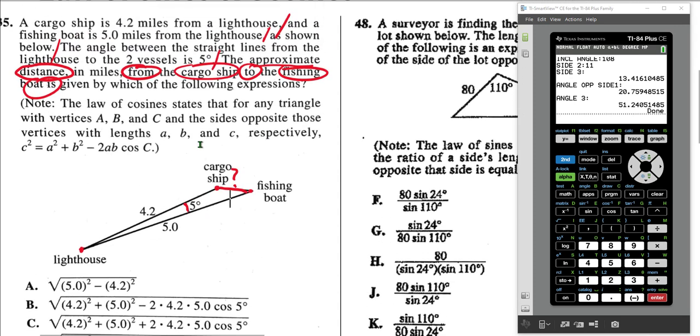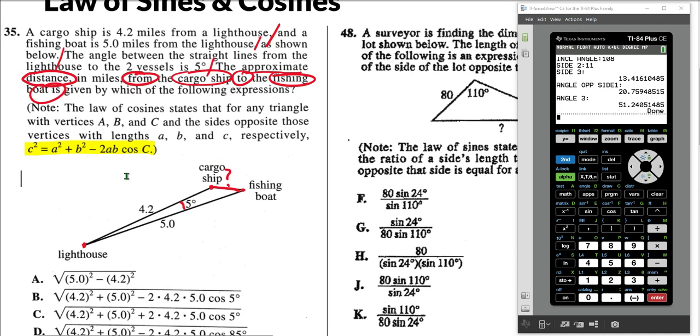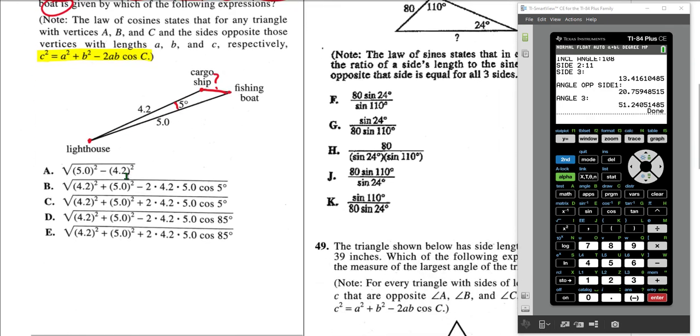As I mentioned in the video on law of sines and law of cosines, often, not always, but often, the law will be given to you, and indeed in this question the law of cosines is given to us, which means we know we have to use the law of cosines. However, even if that law had not been given, we should be able to tell by the fact that we're not dealing with a right triangle here, so we can't use SOHCAHTOA trigonometry, and the answer choices are structured like the law of cosines.